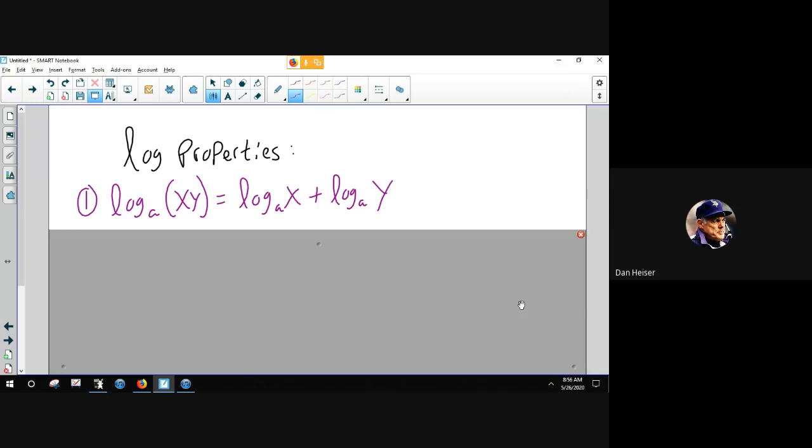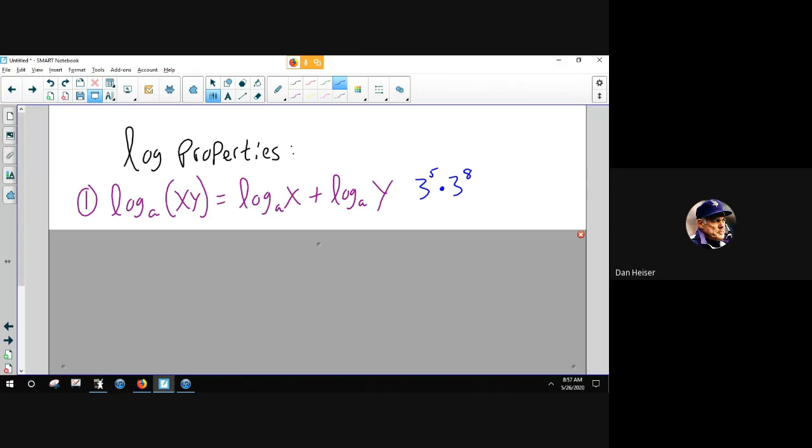Remember that a log is an exponent. So this right here, this log base a of x, that is an exponent. Here's an example. 3 to the 5th times 3 to the 8th.